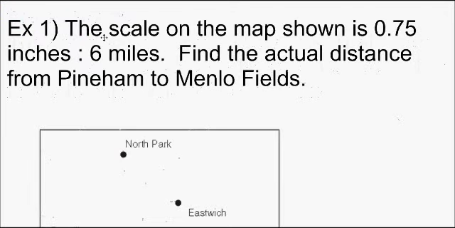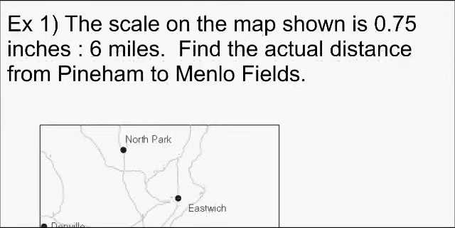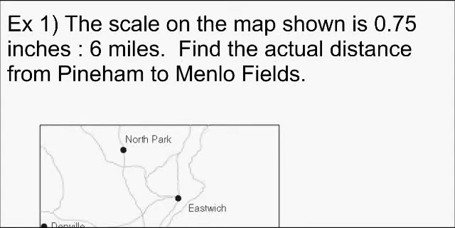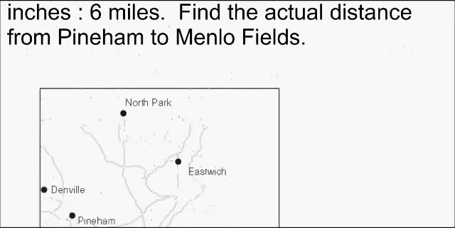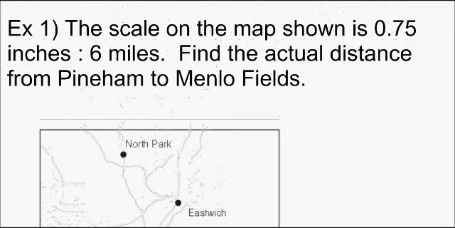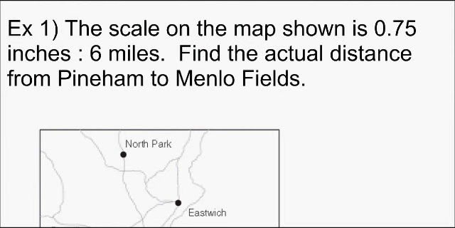Example 1. The scale on the map shown is 0.75 inches to 6 miles. Find the actual distance from Pineham to Menlo Fields. So this 0.75 inches to 6 miles, you could write that as a fraction like this, 0.75 inches over 6 miles.